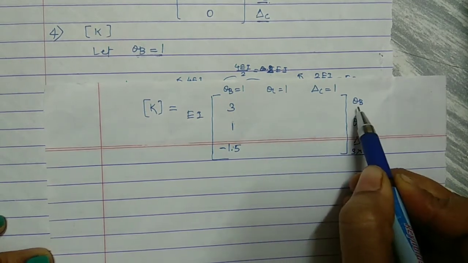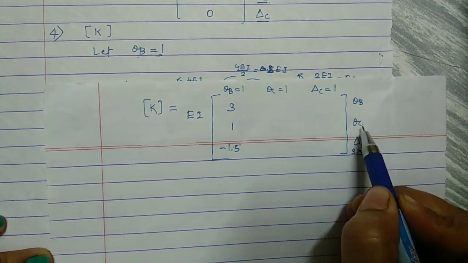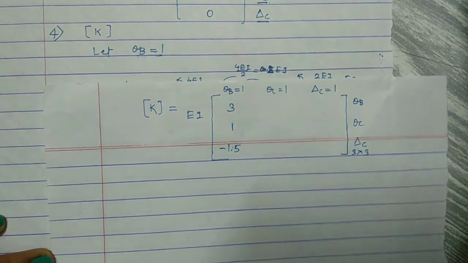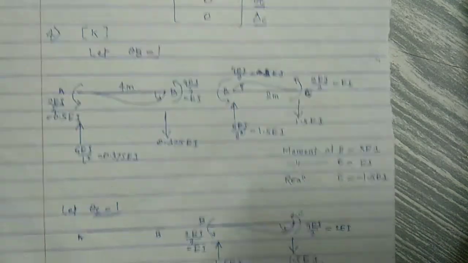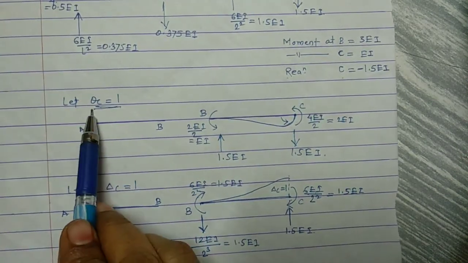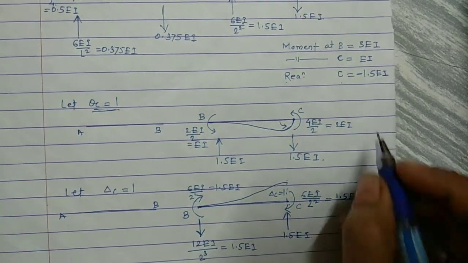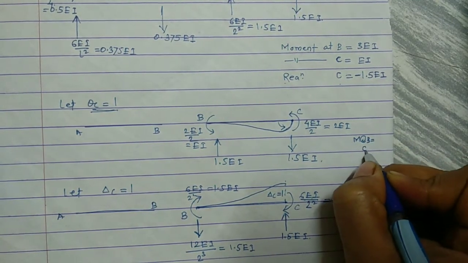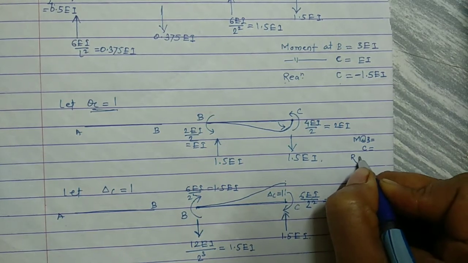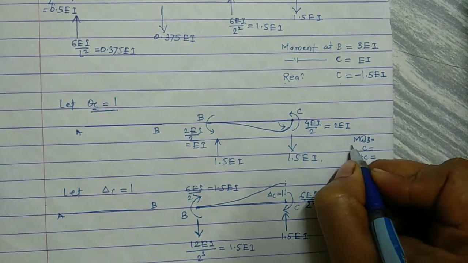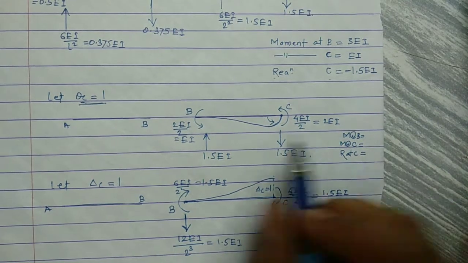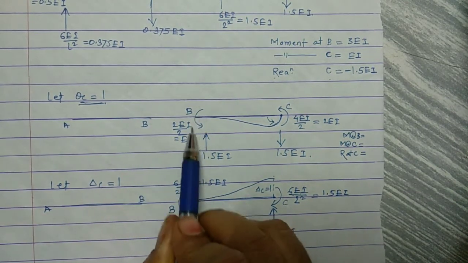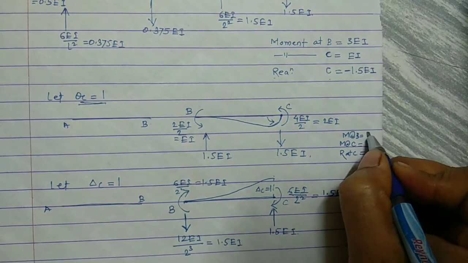Now the second column, in the same order: moment at B, moment at C and reaction at C when theta C equals 1. See that figure. Moment at B, first element, is 0, and here it is EI in the anti-clockwise direction.